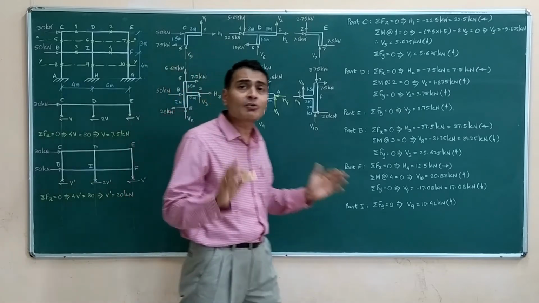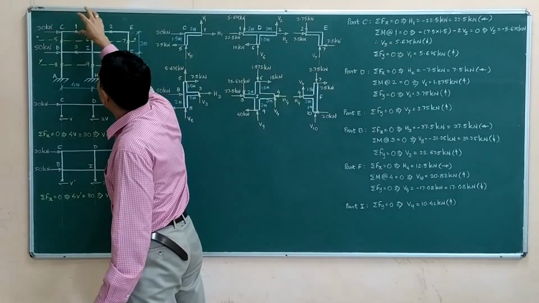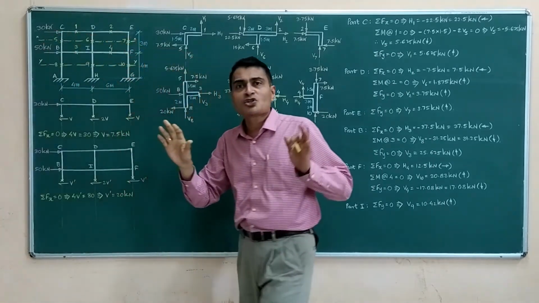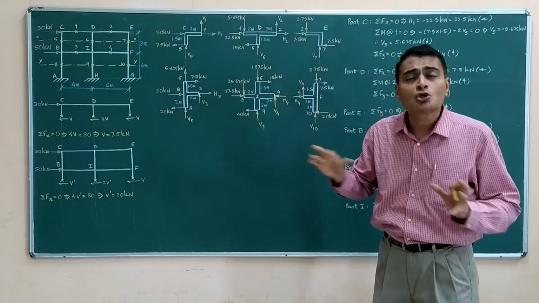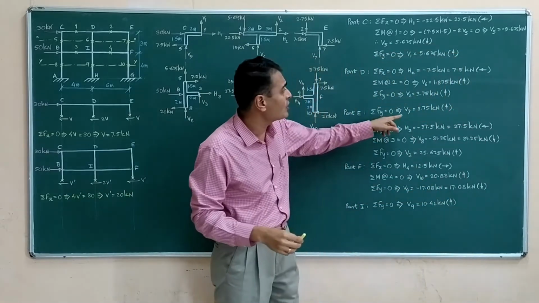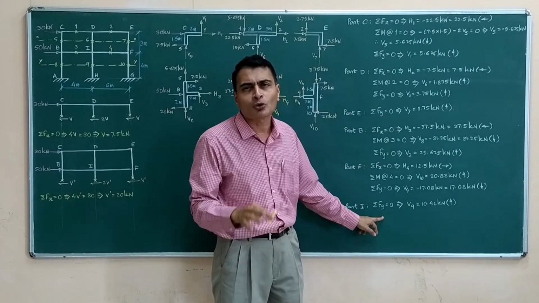So what we have done, we have isolated C, D, E, B, I, F. These portions we isolated. We have drawn 6 FBDs, so 6 into almost 3. Almost 3, I am saying, because here you require to apply only one equation. Here also you require to apply only one equation.